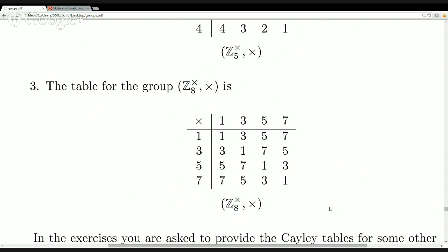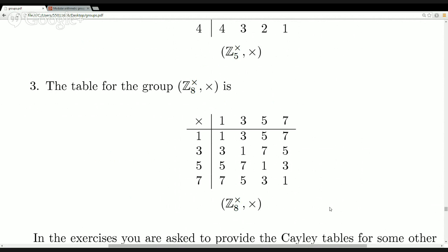So in Z7, okay, 2 only generates 1, 2, and 4, which is not Z7. So 2 is not a generator, that's what we said.